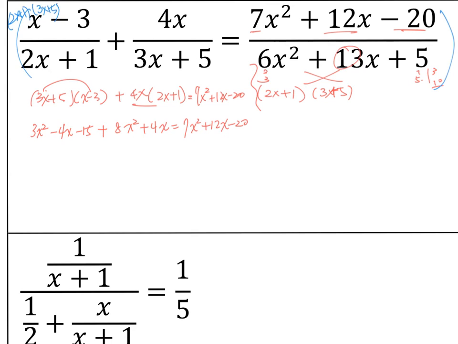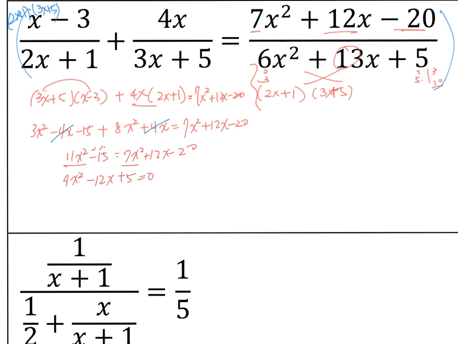Okay, let me first simplify the left-hand side. Okay, and this would be 11x squared minus 15. I can move it over. 4x squared minus 12x plus 5 equal to 0.